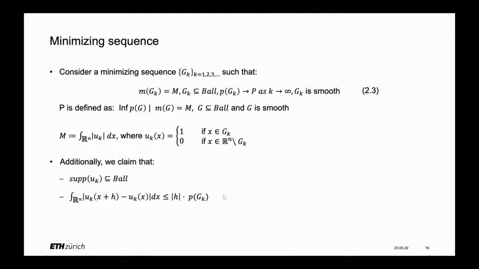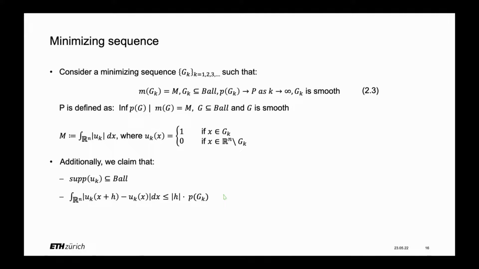Additionally, we claim also that the support of u_k is contained in a ball. What is the support of a function f generally? This is defined as the set of x such that f of x is not equal to 0. So again, we're just looking at things which are not 0, and everything else we will just leave. And this should be contained in a ball.